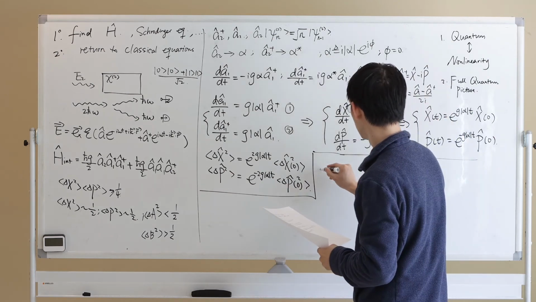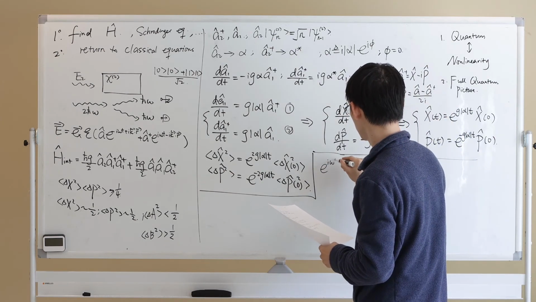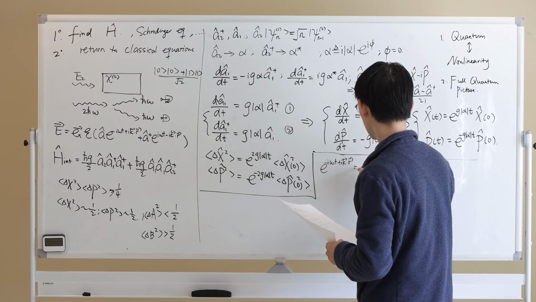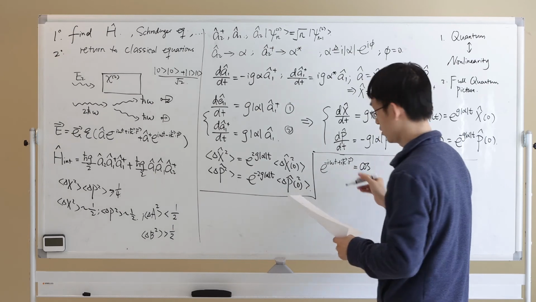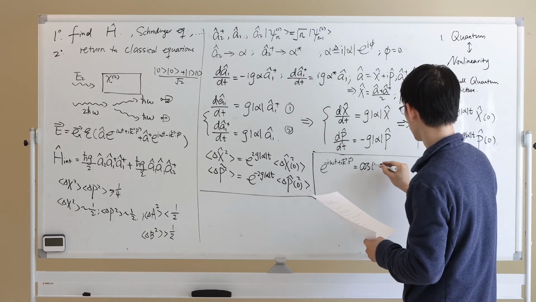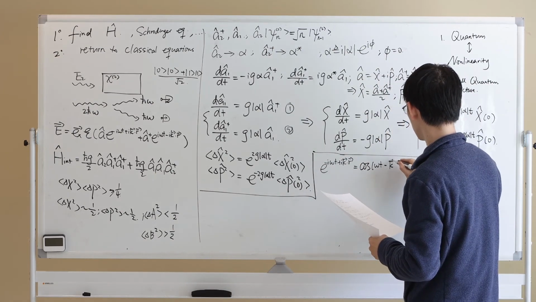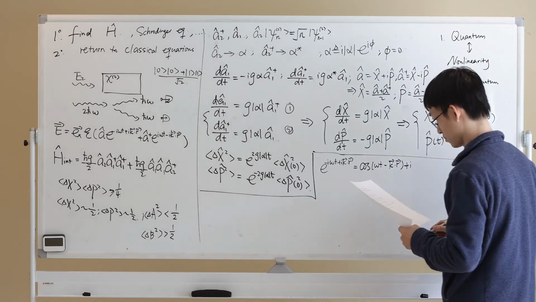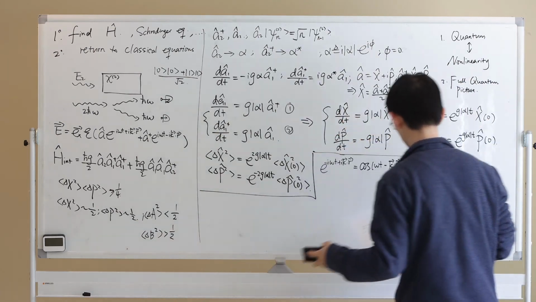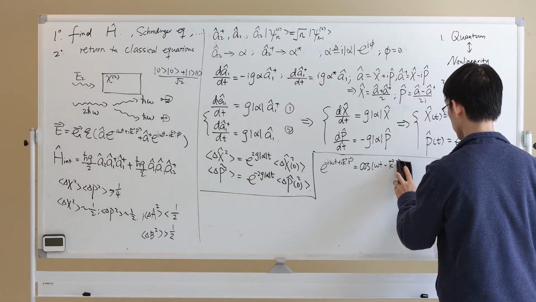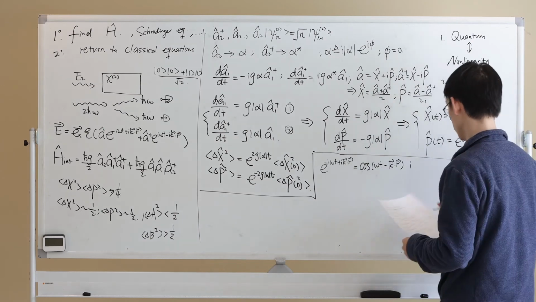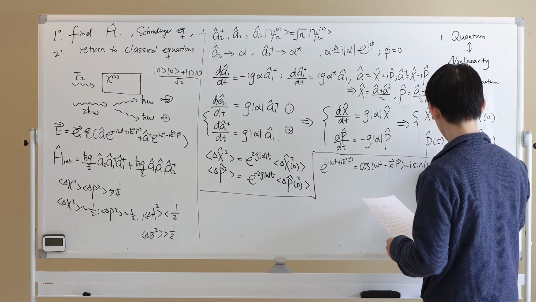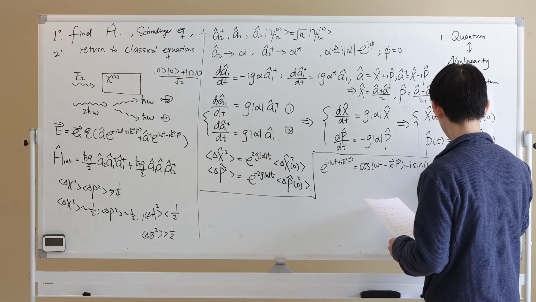To do that, you can use e to the I omega t plus IKR, which is equal to cosine, using the cosine sine expansion, cosine omega t minus KR plus I, actually minus I, because you have minus omega t, so it's minus I sine omega t minus KR.